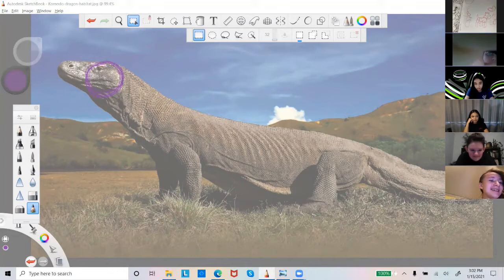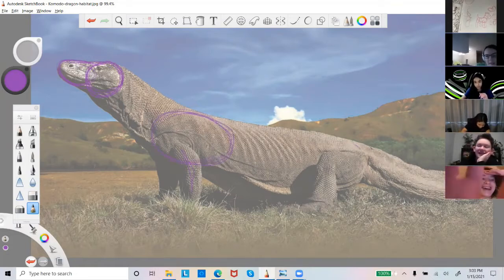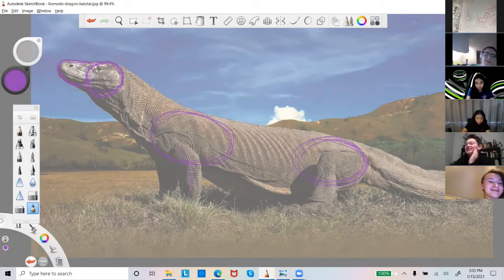Ooh, I don't want that, no. Circle for the head, and then a circle for his nose and mouth combined. Like that. And look where his arms are, right here. I know he's got a rib cage over here. And then I'm going to draw his back over here. So he's just really, really stretched out, right?